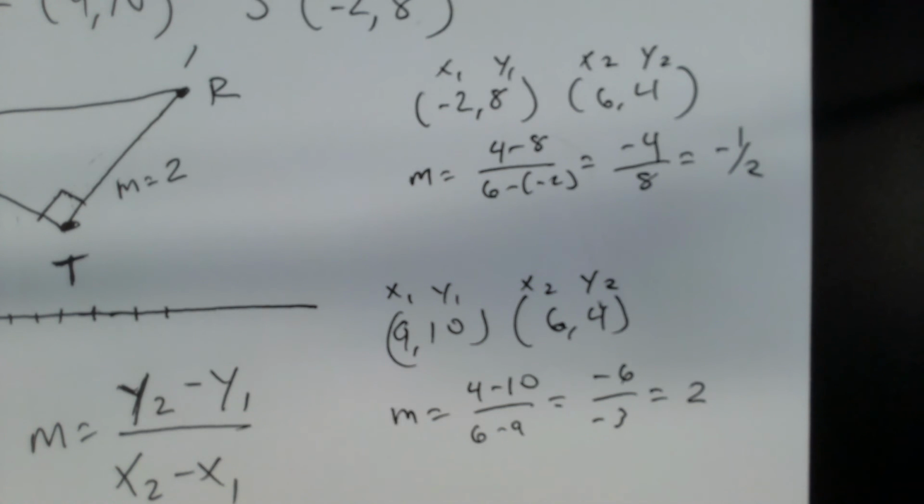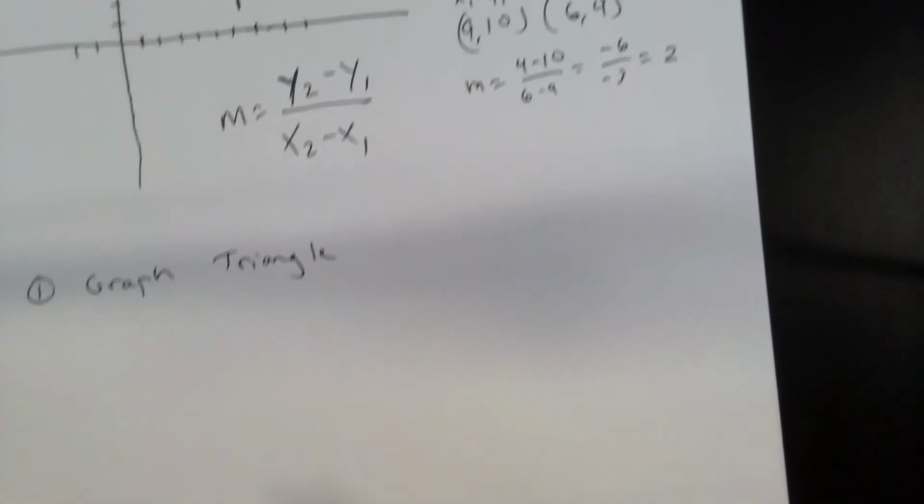Okay? So, do we need to write down steps? You guys want to? Let's just wing it. There you go. Step number 1: graph triangle.